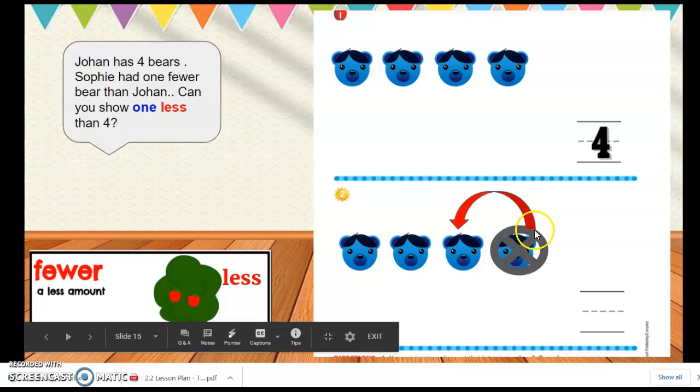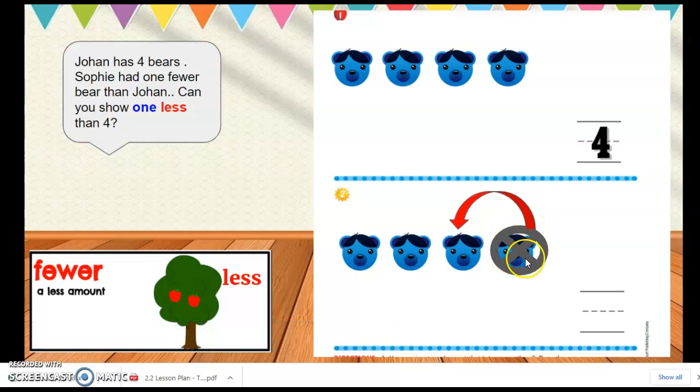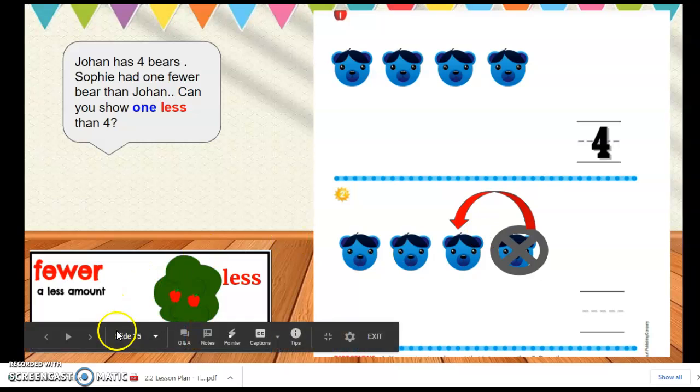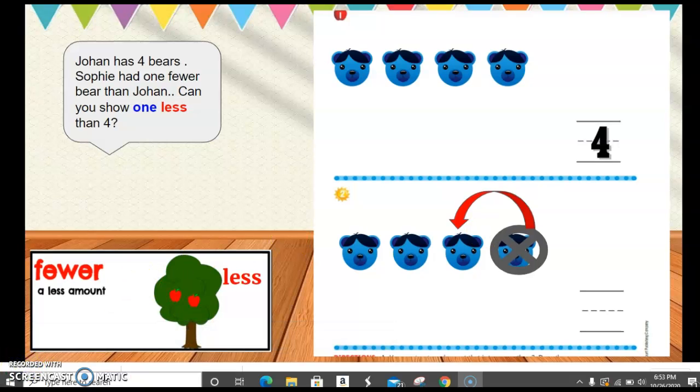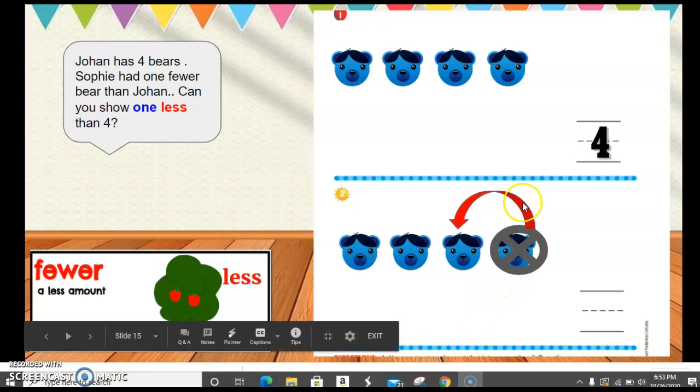Good. And when we take away our one less, what's going to happen? How many bears does Sophie have? So when we have 4 and we go one less, we go back and rest and show one less. So how many do we have? 1, 2, 3. Good.